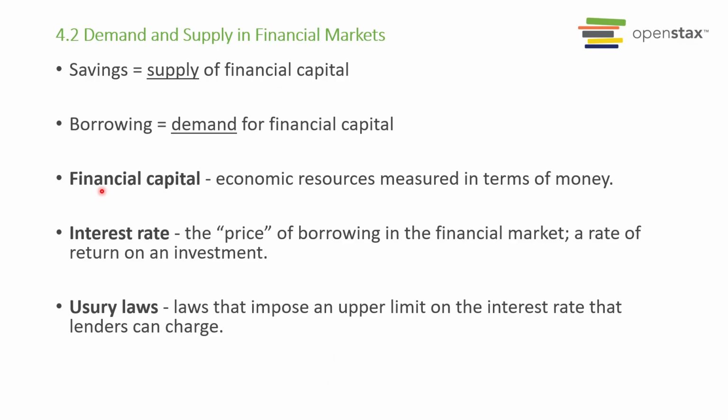Financial capital is defined as economic resources measured in terms of money. If you're somebody who has a lot of savings, you have a large supply of financial capital. If you're somebody who does a lot of borrowing, you have a demand for financial capital. So in the financial market, savers and borrowers get together to try to exchange financial capital. All right.